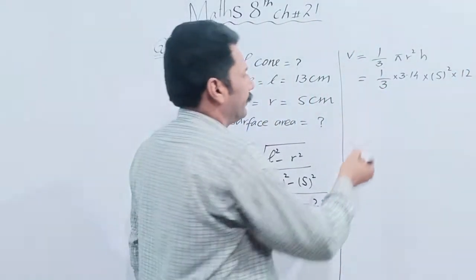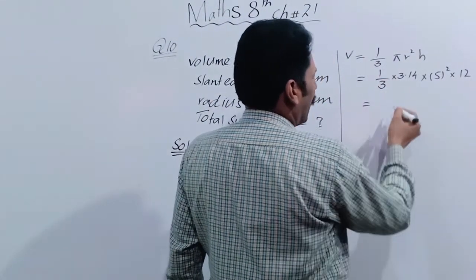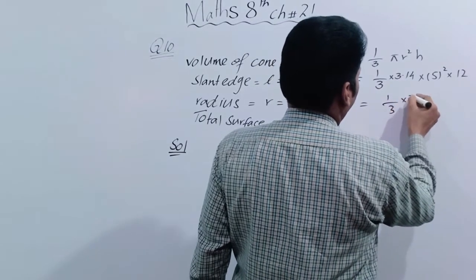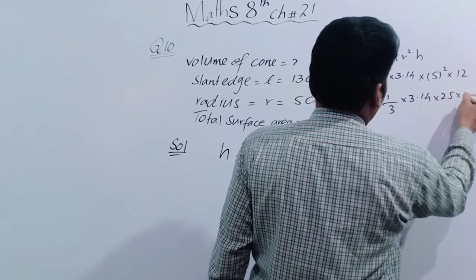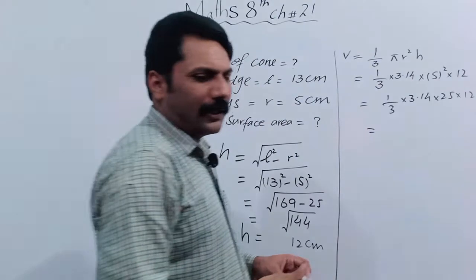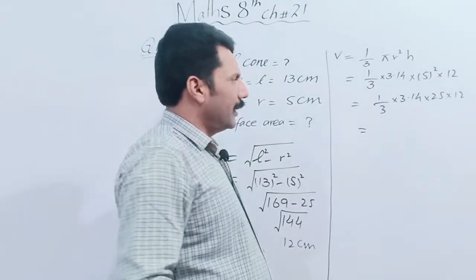Now we will multiply 3.14 by 25 and by 12, and then divide by 3.